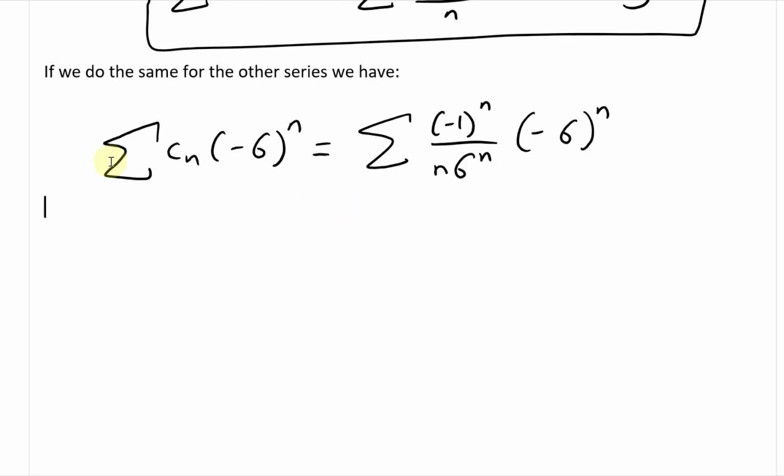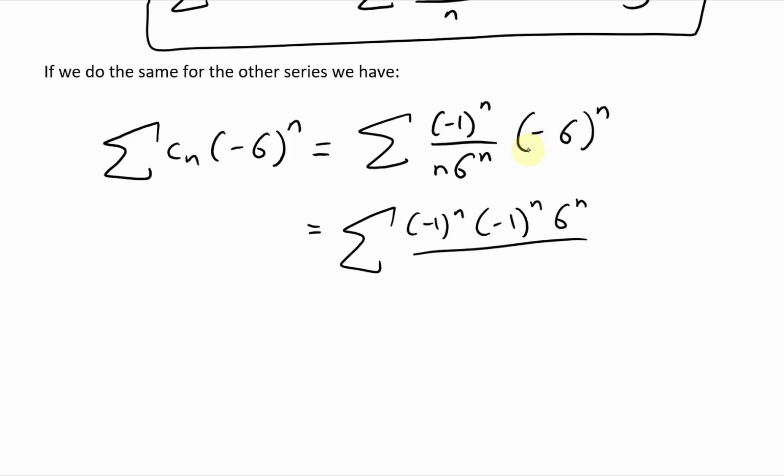Now we just simplify this. We can write negative 6 as negative 1 times 6, so negative 1 to the n and 6 to the n, putting the n inside the brackets like that.